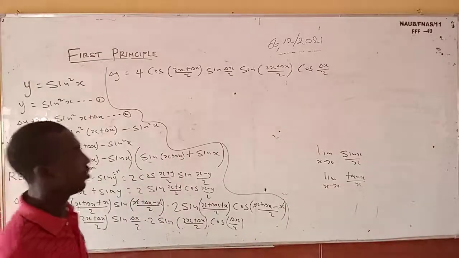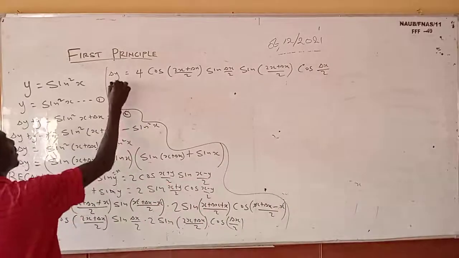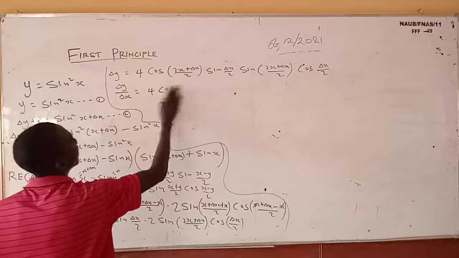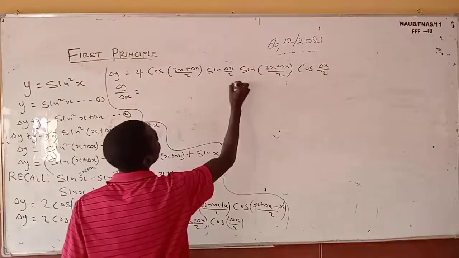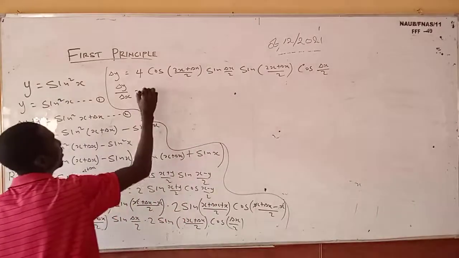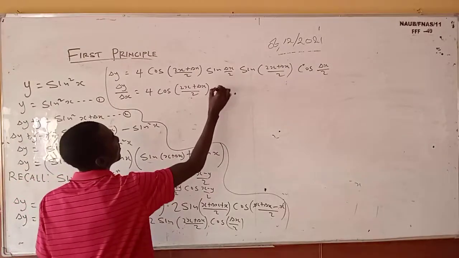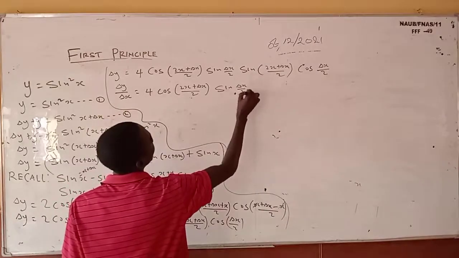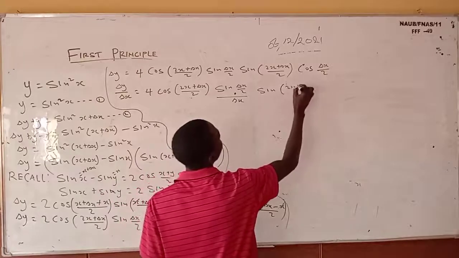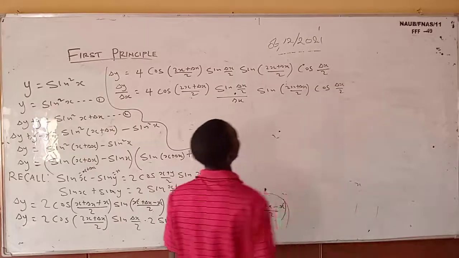So the next step is to divide by change in S. So change in Y over change in S is equal to 4 cos 2s plus change in S over 2 sine change in S over 2, over change in S, sine 2s plus change in S over 2 cos change in S over 2.